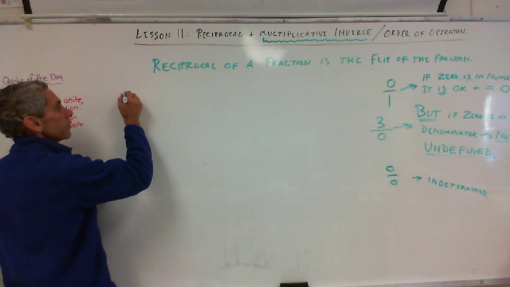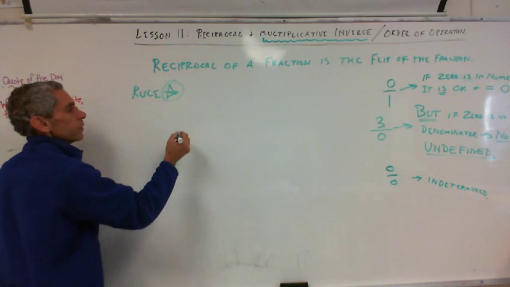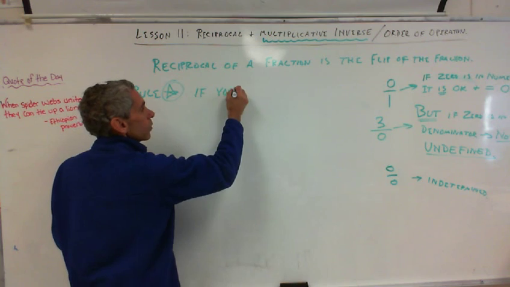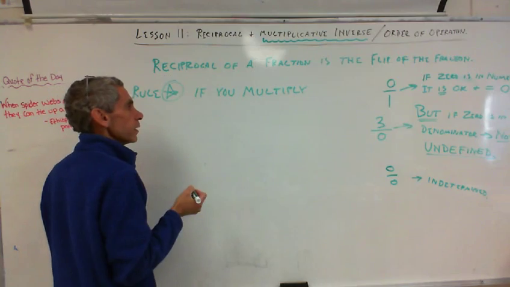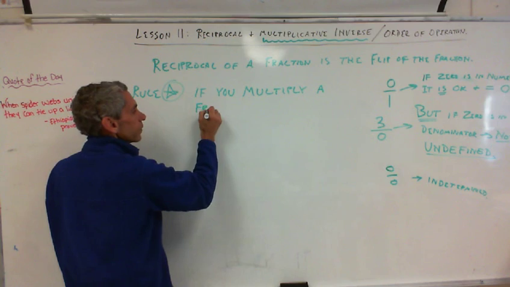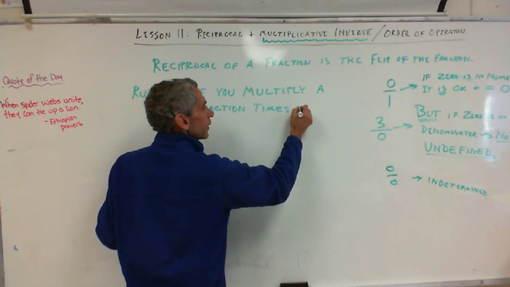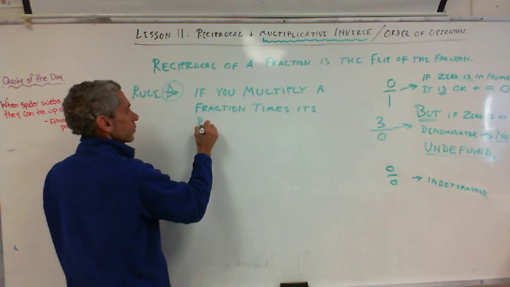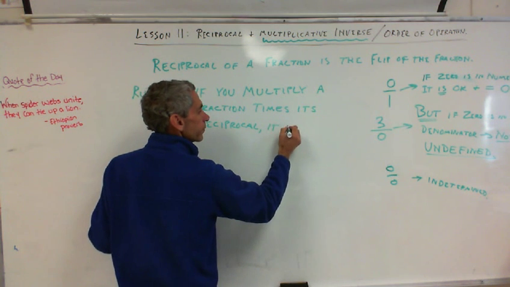This is a big rule, a really important, really helpful rule. You should write this down as I'm writing it. If you multiply a fraction times its reciprocal, it equals 1.